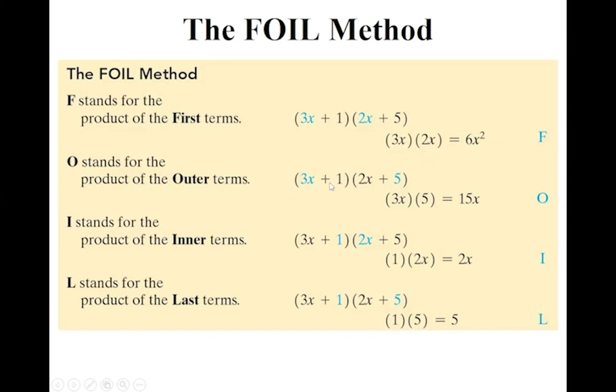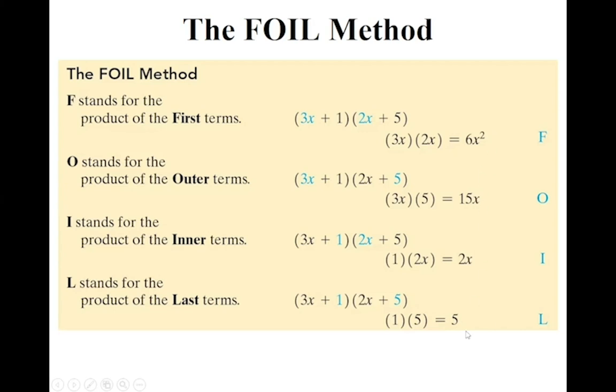Then we would multiply the outer terms. 3x times positive 5 is positive 15x. Then we would multiply the inner terms. Positive 1 times positive 2x is positive 2x. Then we would multiply the last terms. Positive 1 times positive 5 is positive 5.